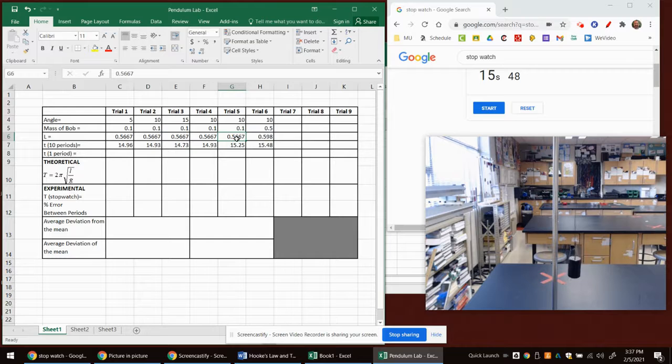And with the 200 gram mass, we have a length, to the center, of about 58.6. And again, this is a 200 gram mass at this point.